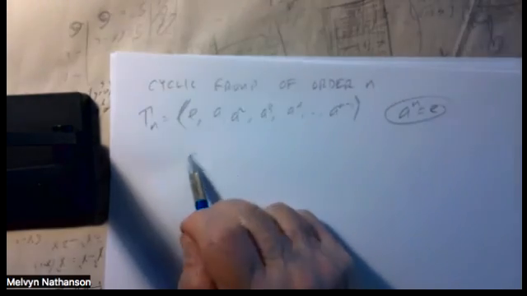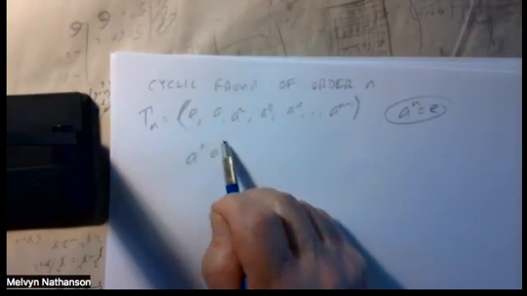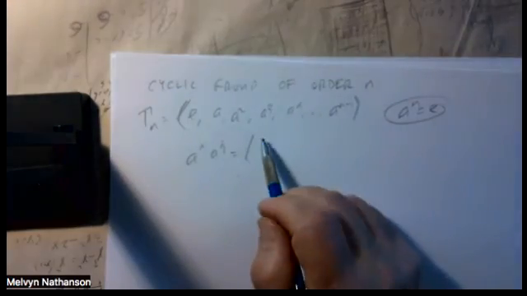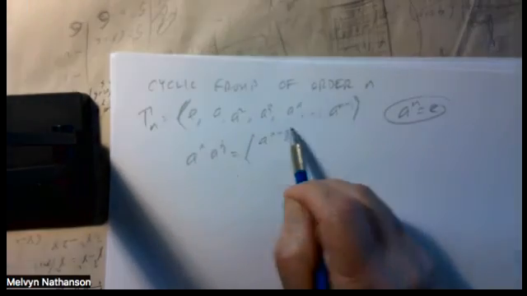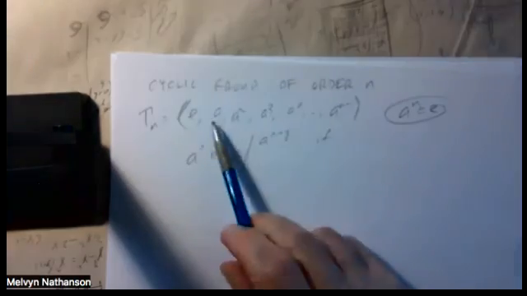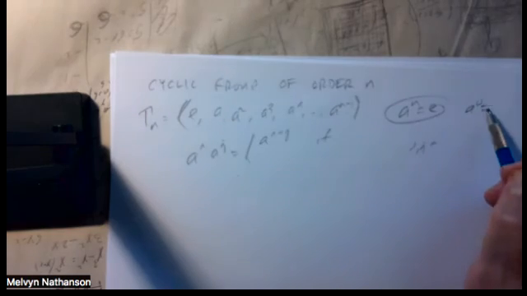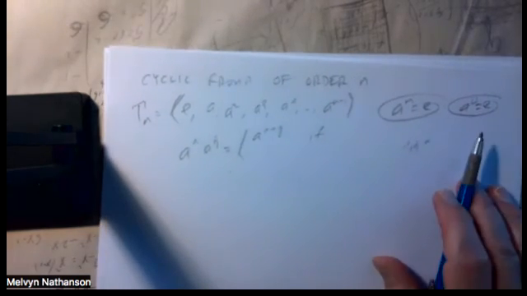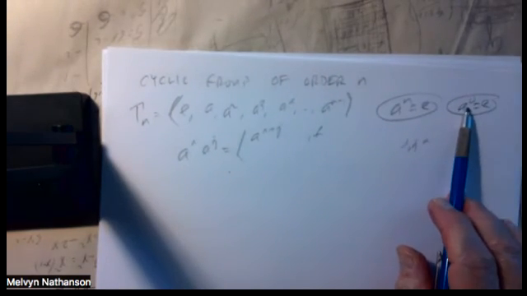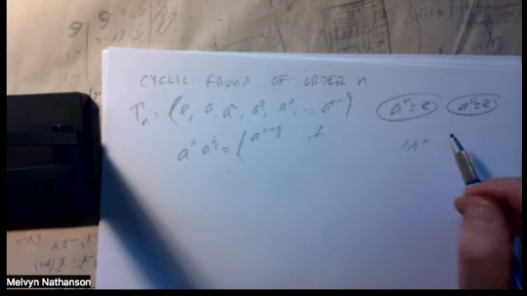And you can multiply a to the i times a to the j. This is going to be a to the i plus j. Let me say that a to the 0 is the identity. That's just that we define the 0th power of an element to be the identity.